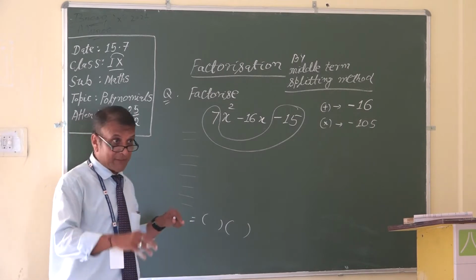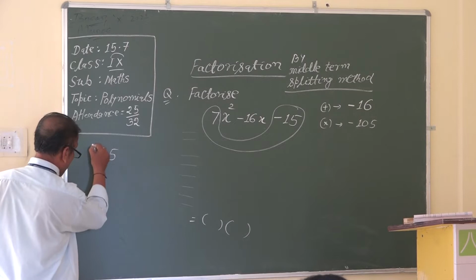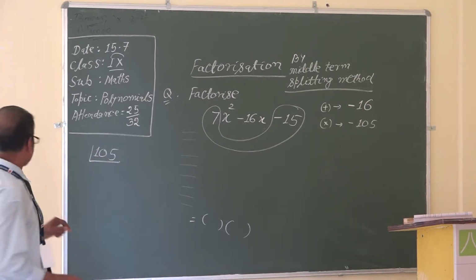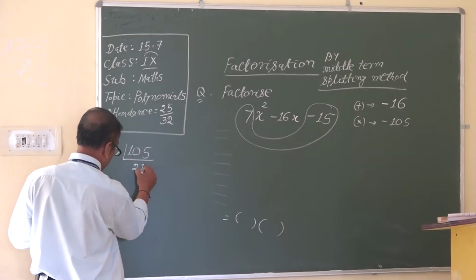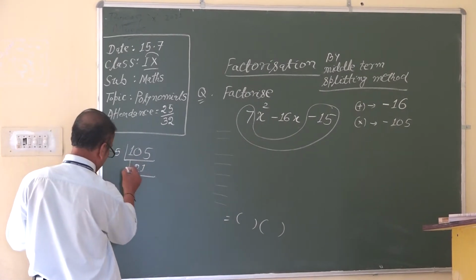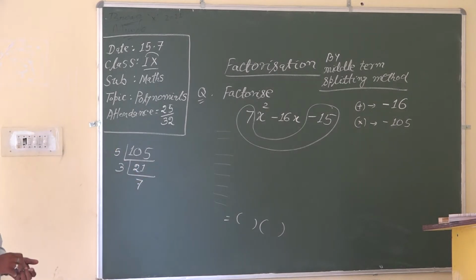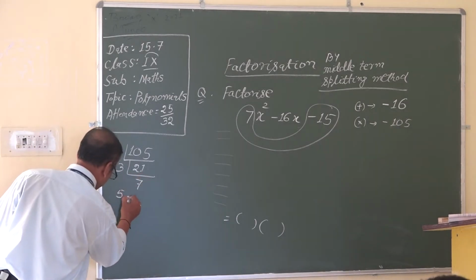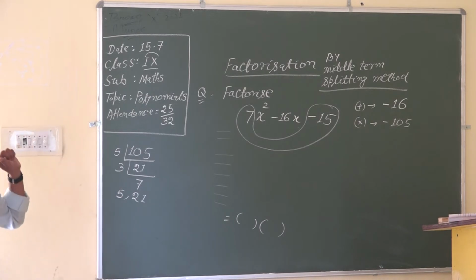You first factorize this 105 by the prime factorization method. By 5 I get 21, by 3 it is 7. That means 5 and 21 is one possible pair whose product is 105, right or not?